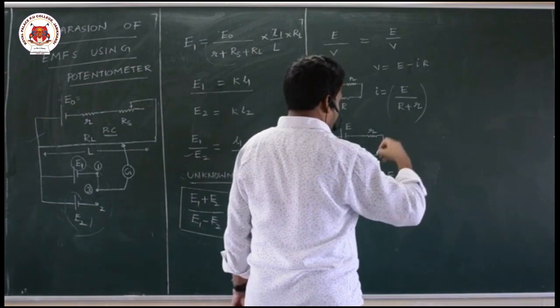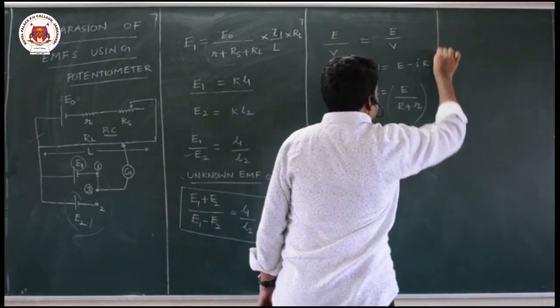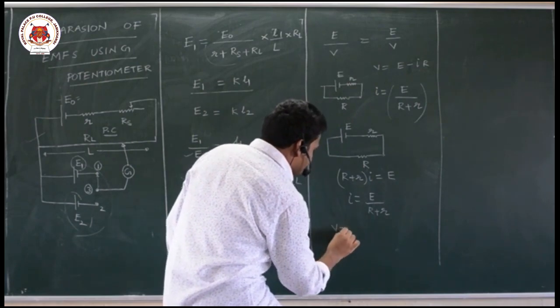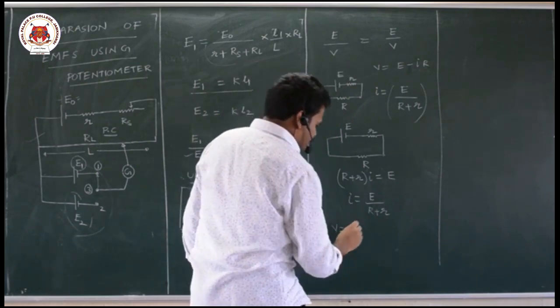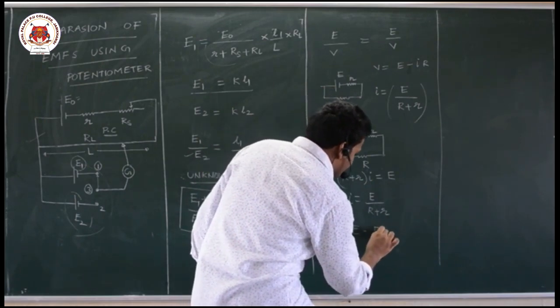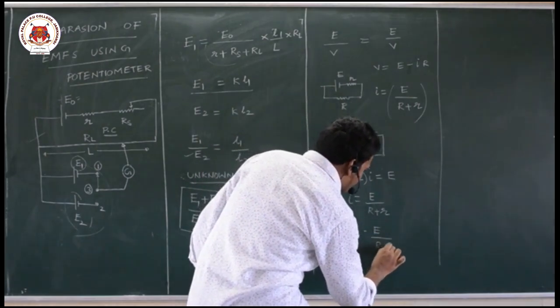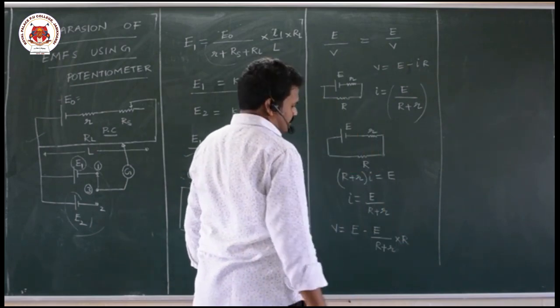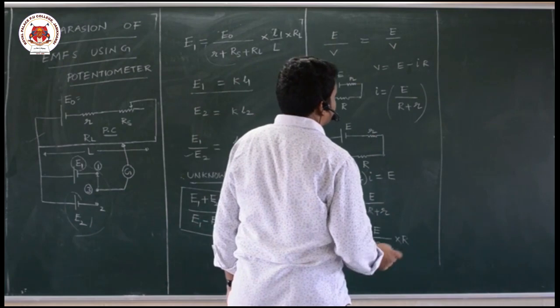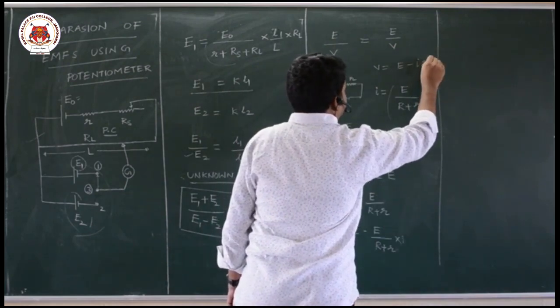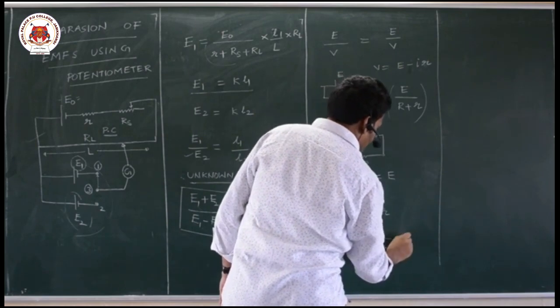Same thing, if I substitute here, V is equal to E minus E by capital R plus small r into small r.